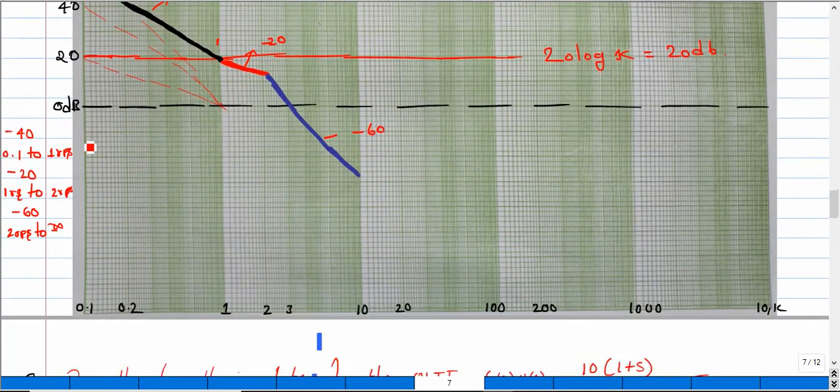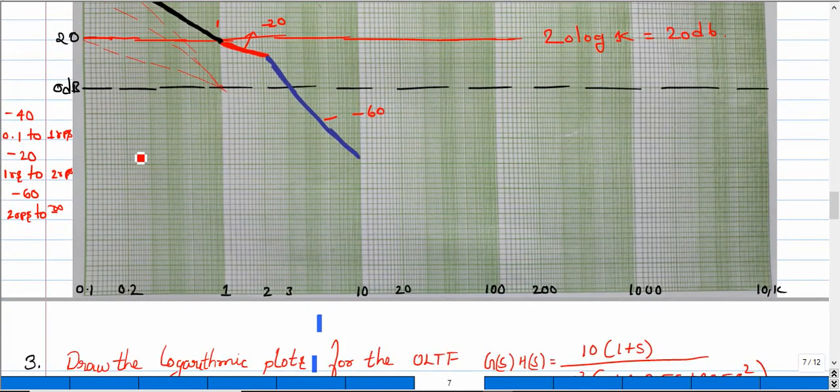Now we shall draw the phase angle plot. For that, let me start the marking right next to the 0 dB line. Let me erase this; I had written it for your understanding, it is not required. So I will take from here minus 90, followed with minus 180 and minus 270.